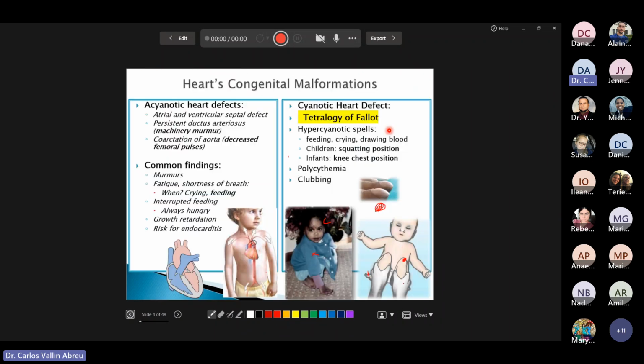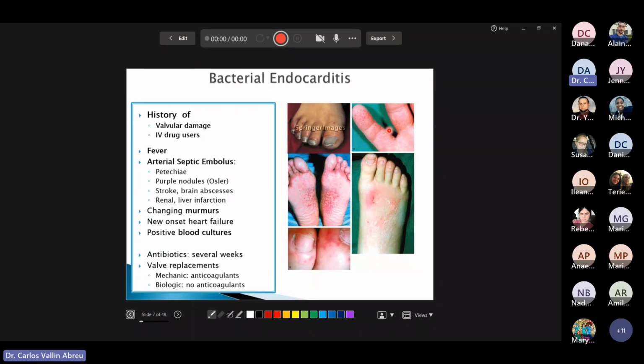You cannot see the embolization in the brain or kidneys, but you can see it in the skin. You are going to see a lot of nodules and red spots all over the skin that are no more than embolization of those masses.